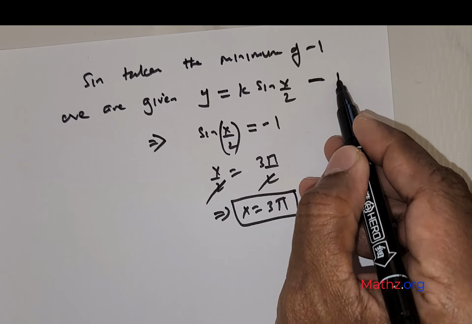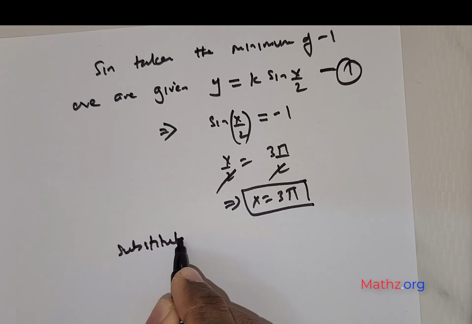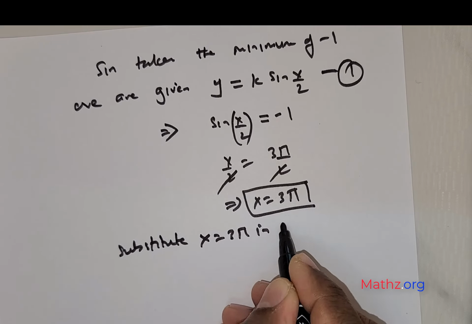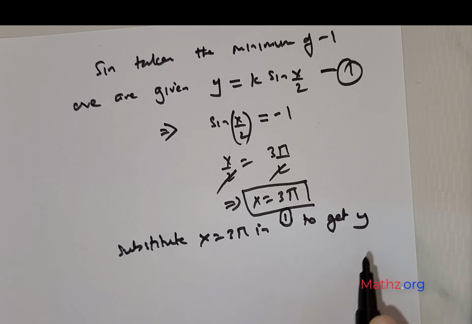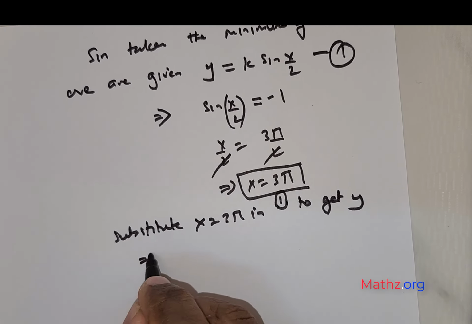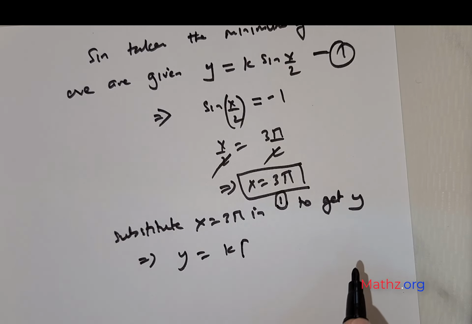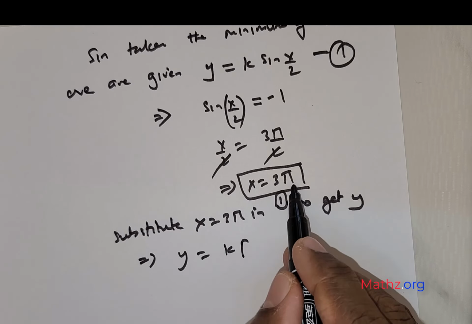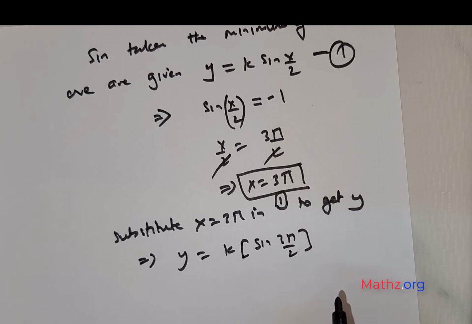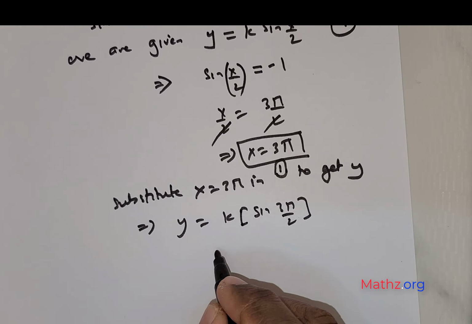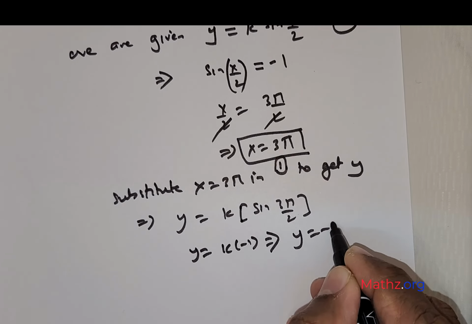Now this is the original equation, so I'm going to take it as 1. So what I'm going to do is substitute x is equal to 3 pi in 1 to get y coordinate. So this in turn would mean y is equal to k times sine of 3 pi over 2, which is going to be negative 1, which means k times negative 1, which means y is equal to negative k.